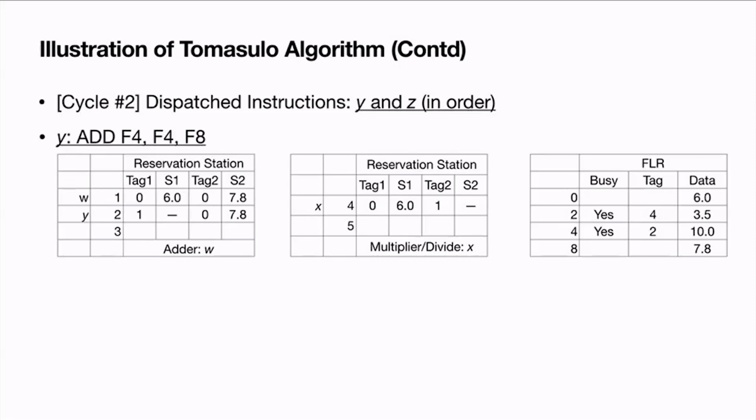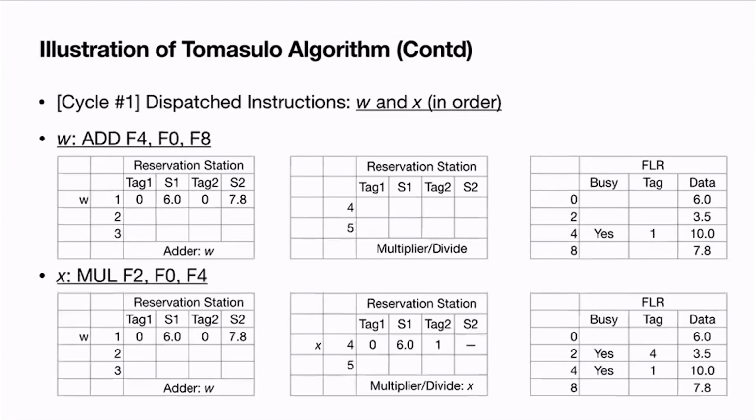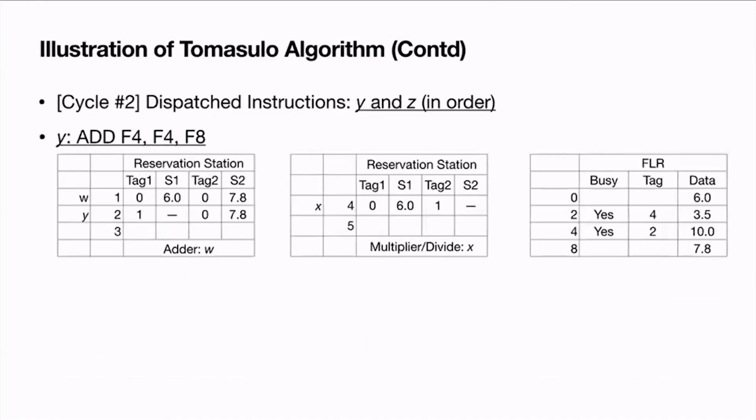So F4, sorry, F4 is basically going to be produced by 1, right? Yeah, you can see here, for F4 the tag value is 1. So we take that value 1 and put it into the tag field of this entry.